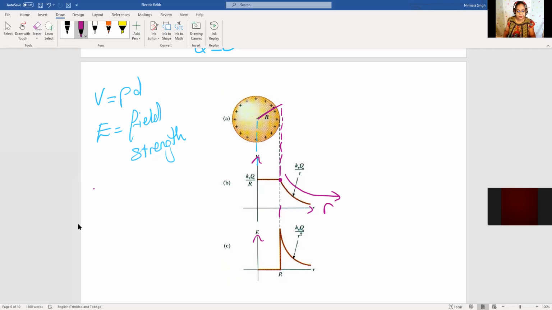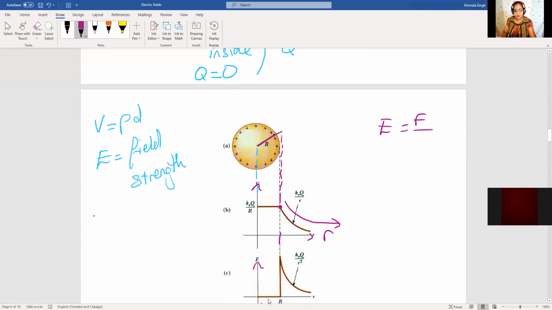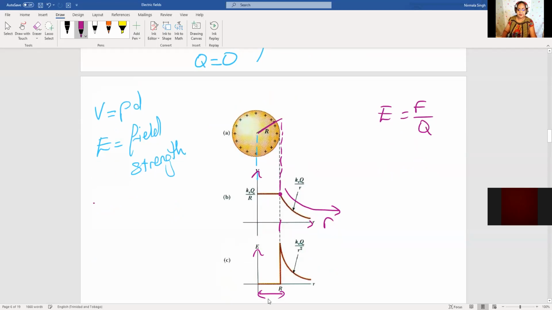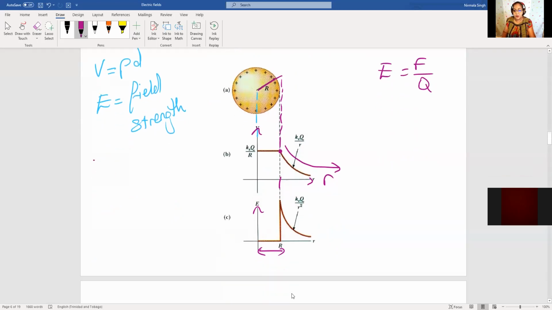Similarly, for your electric field strength, inside of your sphere, you have no electric field strength because there is no charge. Remember, E is equal to F over Q. If you have no charge within your sphere, then you will have no electric field strength.